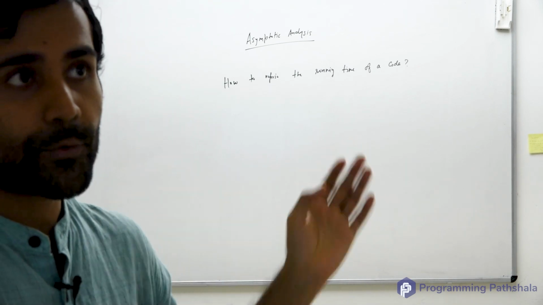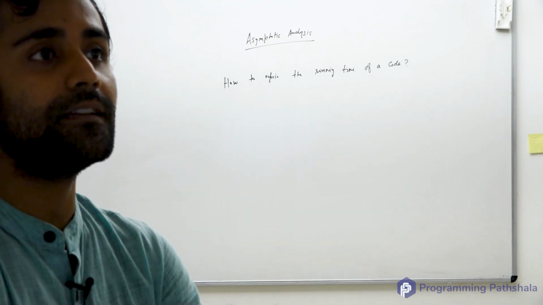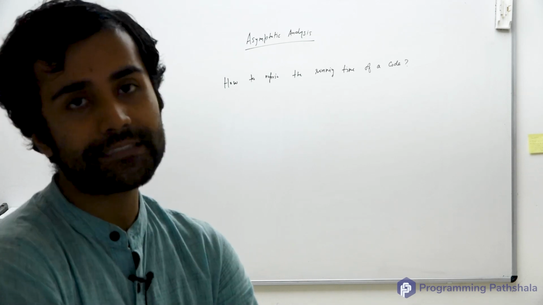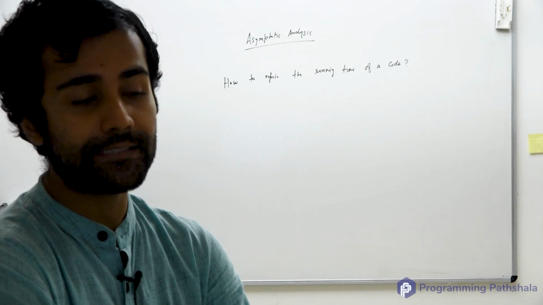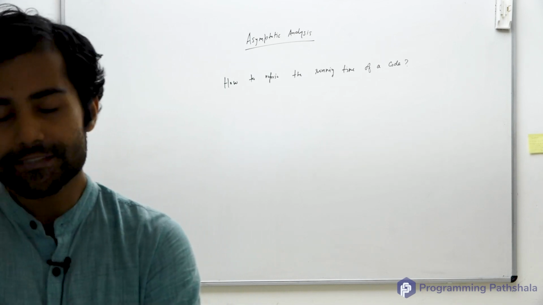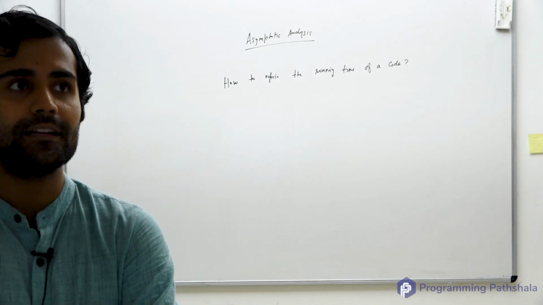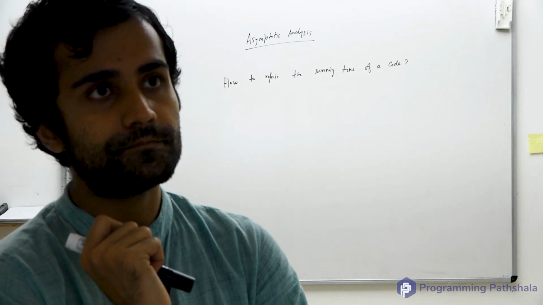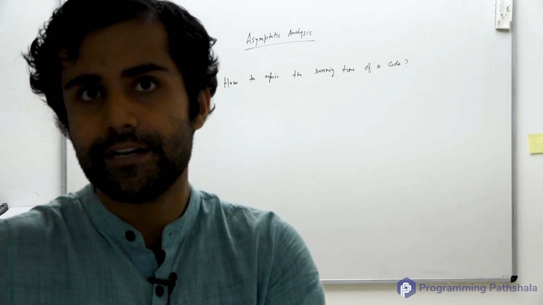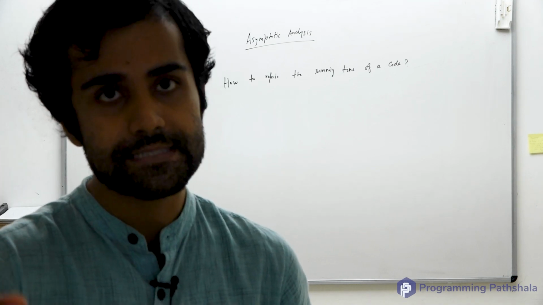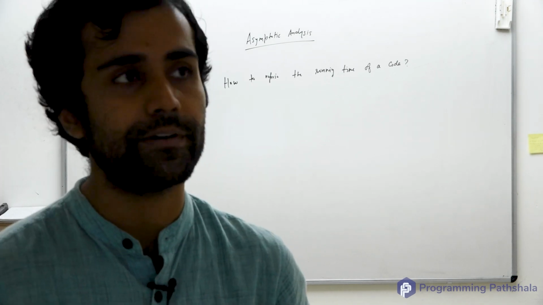The question says that you have a code which is written, and that code takes some time when it runs. Let's say the code is to sort an array. If it has taken 2 milliseconds to do that, you might say that the run time is 2 milliseconds. So that is one way to represent the run time in terms of the unit of time, which is seconds, milliseconds, minutes, whatsoever it is.